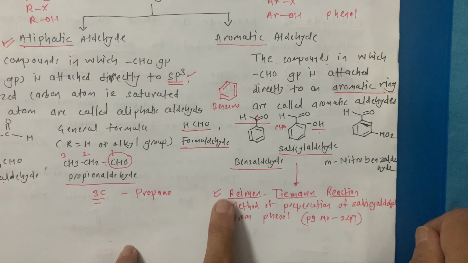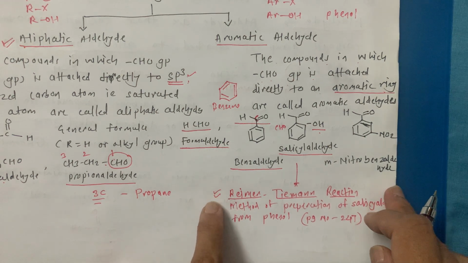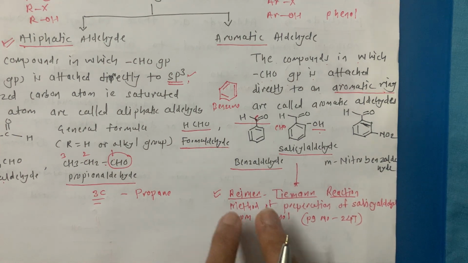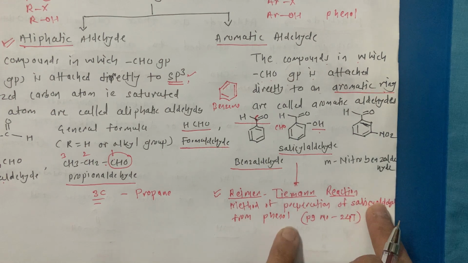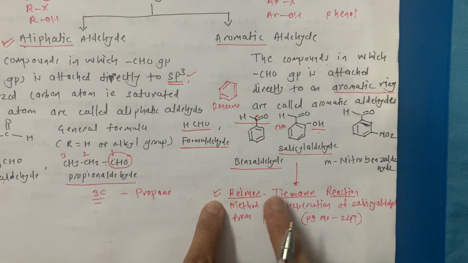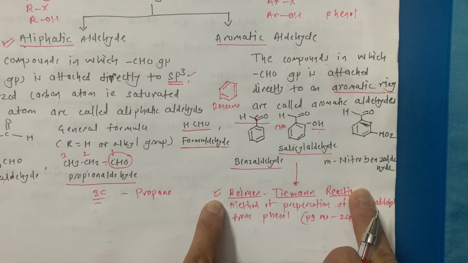Study all these chapters repeatedly, so you will come to remember which is the naming reaction, what the products are, and what we start from. So when phenol is converted into salicylaldehyde, the naming reaction is the Reimer-Tiemann reaction.